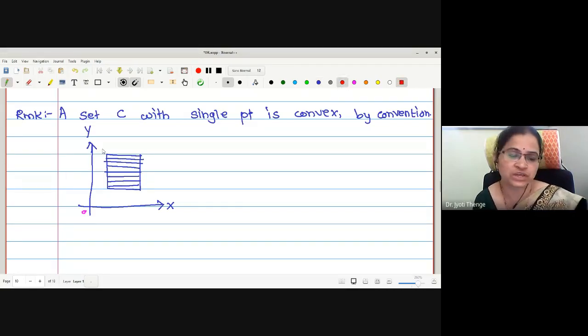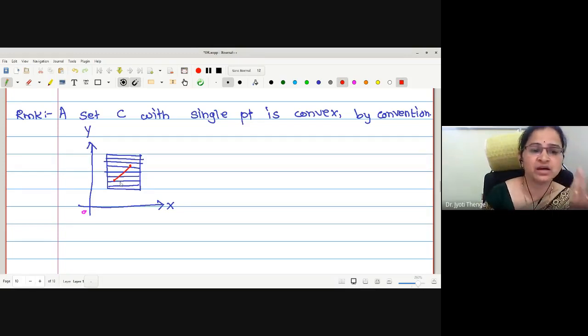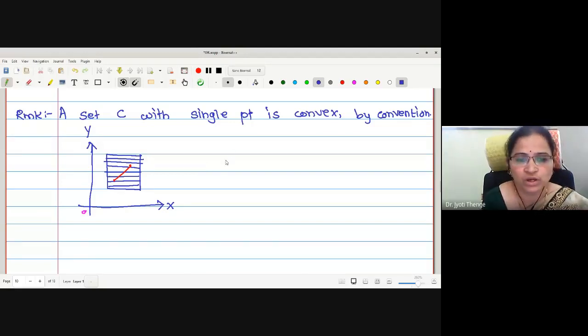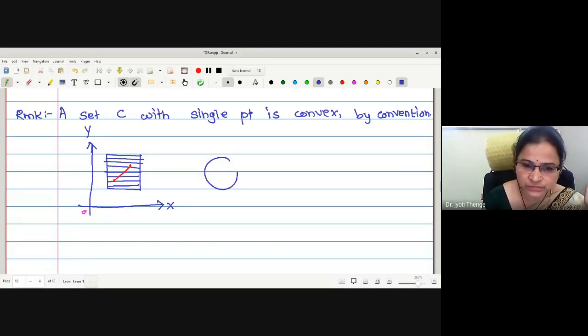Now we want to check whether the set is convex or not. If I take any 2 points in the square and join them, the line segment will lie in the same square. Therefore, will it be a convex set? Yes, it is a convex set. What about a circular disc? This is also a convex set.